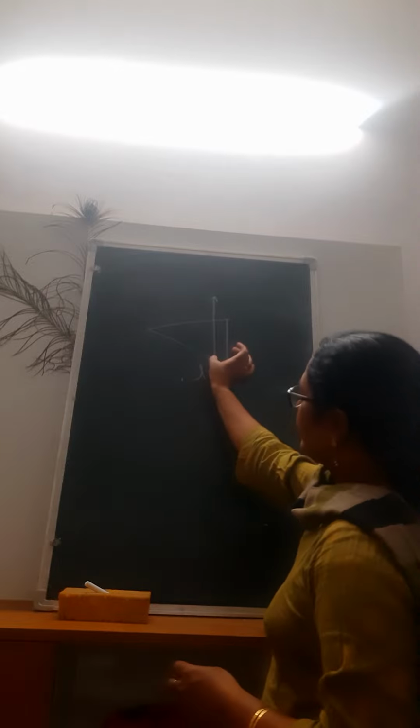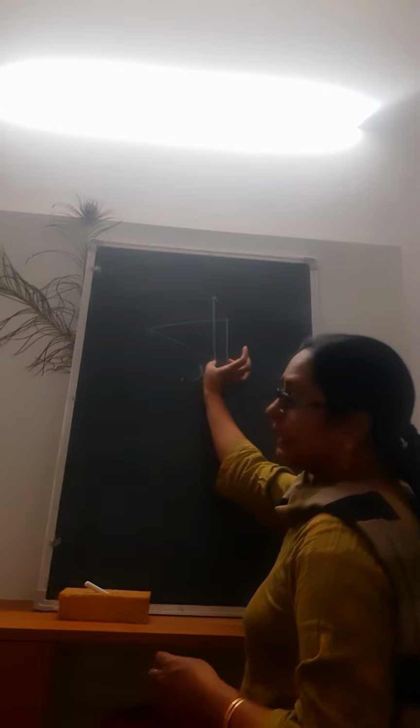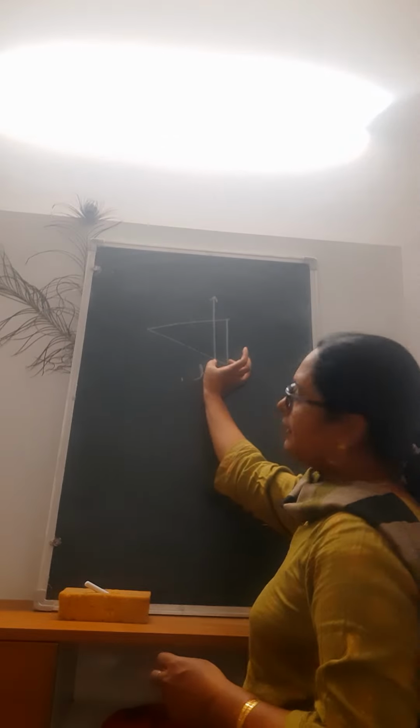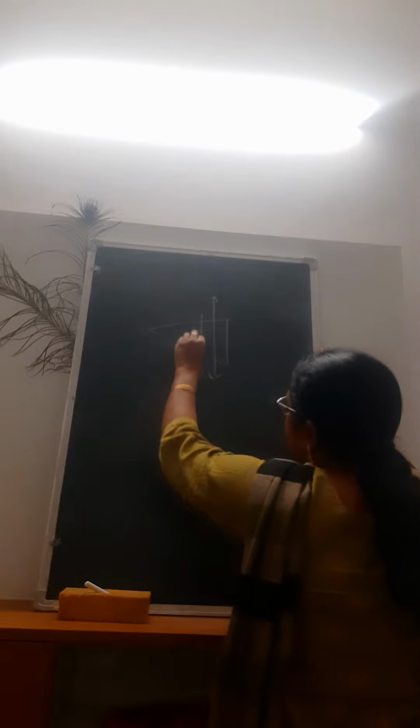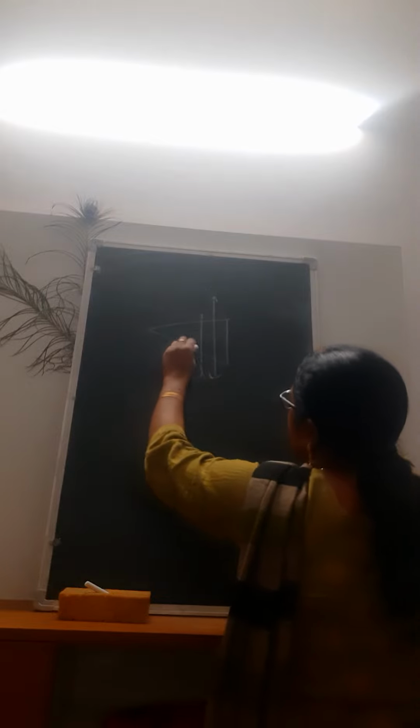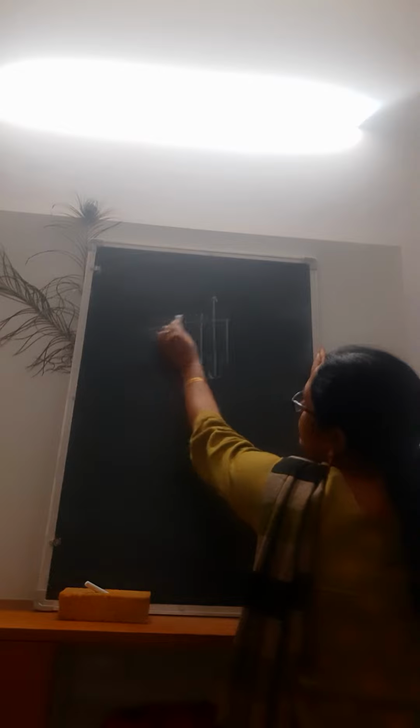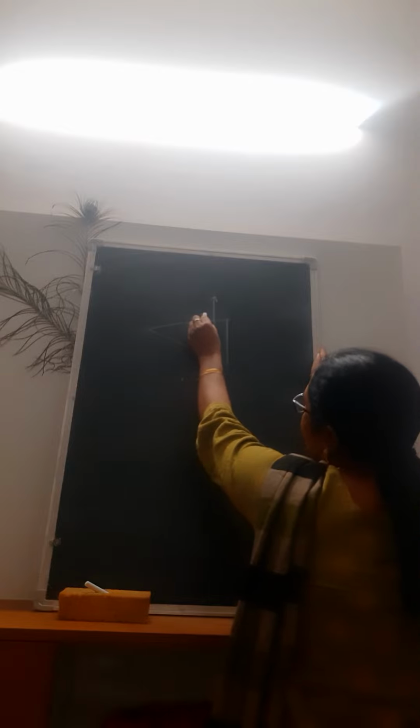Now if this is the line of symmetry, if it has gone this much far, the same distance will go on this side. So now here this figure will go this way.